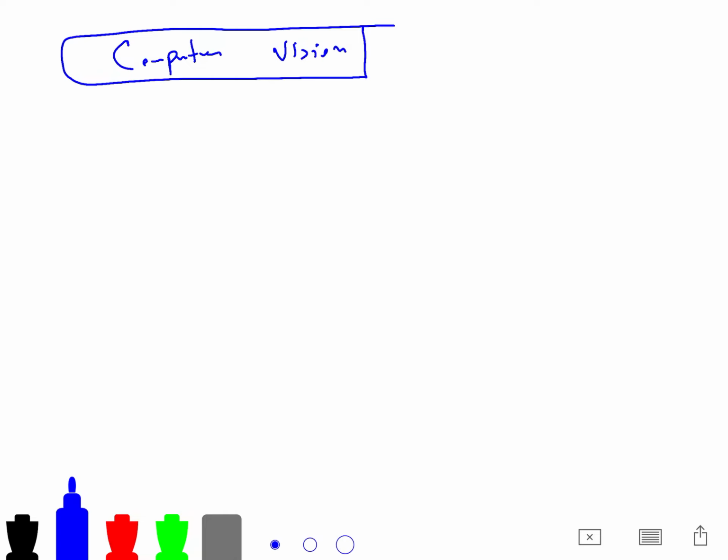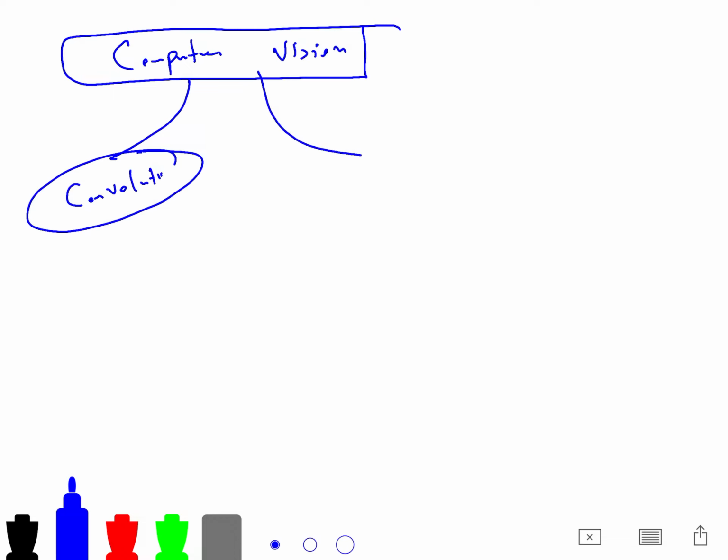And also in computer vision, now they use convolutional neural networks a lot, and because it's local, it captures local information.